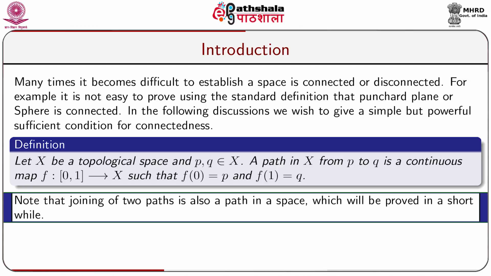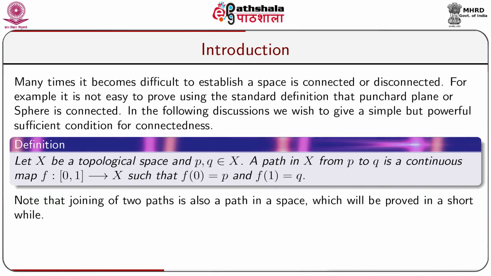In fact, if f is a path from P to Q and g is a path from Q to another point R, then we can get a new path from P to R, which is first f and then g. The new path can be defined as f(2x) when 0 ≤ x ≤ 1/2, and g(2x − 1) when 1/2 ≤ x ≤ 1. We will discuss it later.